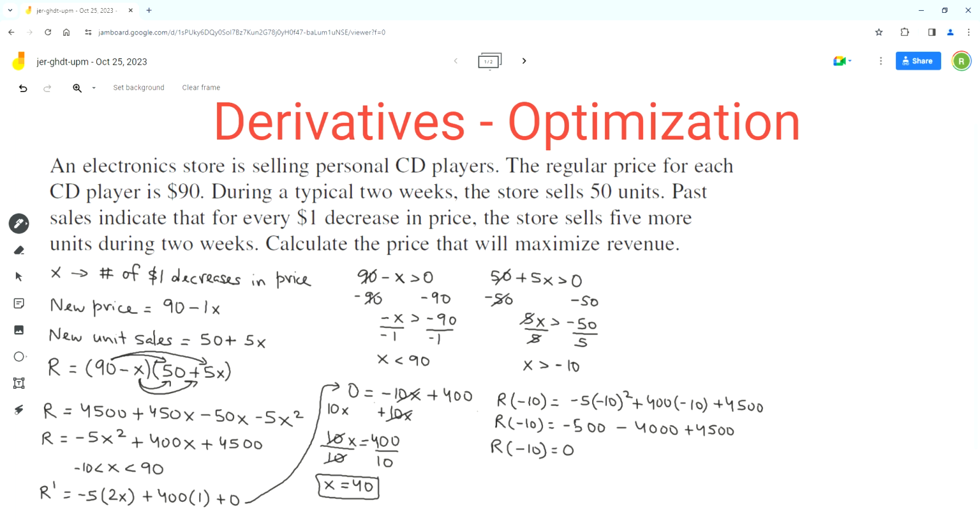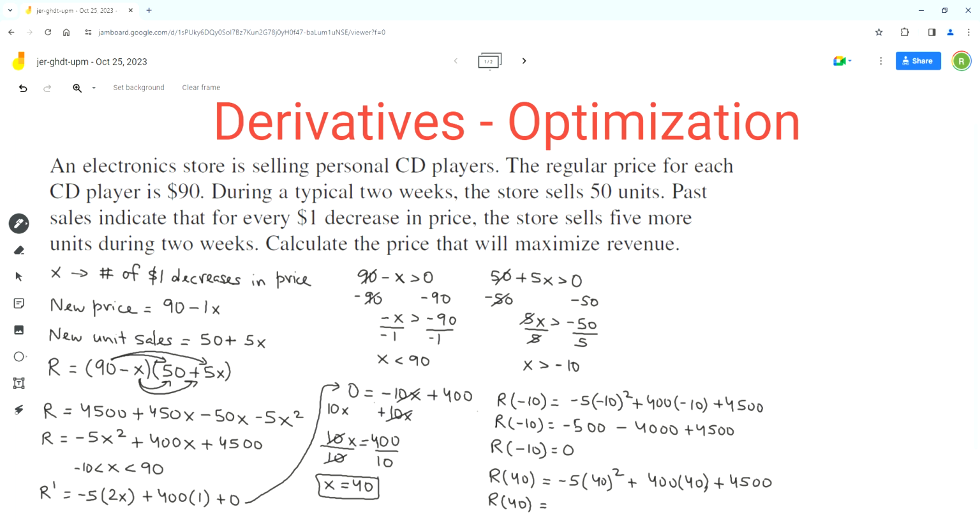Now we'll calculate the revenue at x equals 40. So r at 40 equals the same revenue equation. So negative 5 times 40 squared plus 400 times 40 plus 4,500. So revenue at 40 equals, first we'll evaluate the first term.